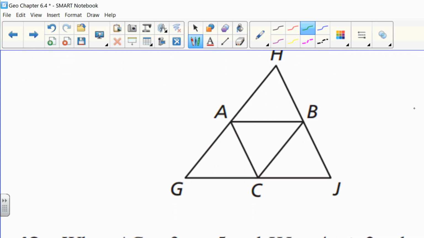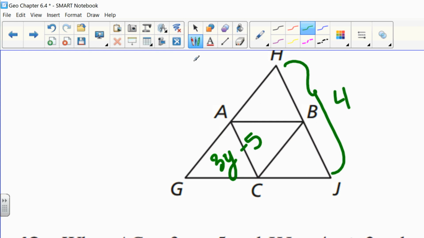Let's see what it says here. It says that AC is 3y minus 5, and HJ is 4y plus 2. What is the value of HB? It'll be that same value.